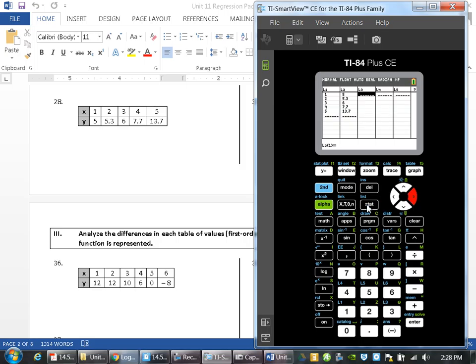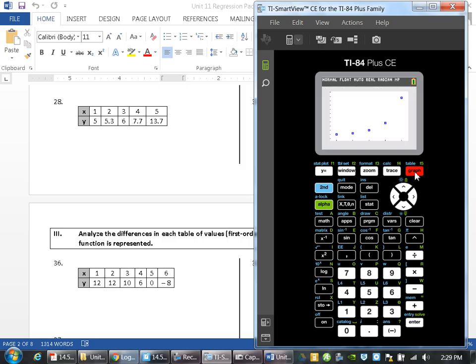Let's make an L3 and do natural log and plot it against it. This is 28. So you do natural log for exponential. This is one way for you to be able to tell if it does work out.